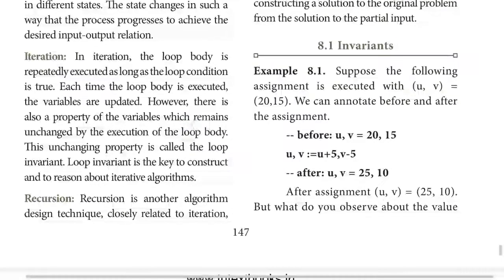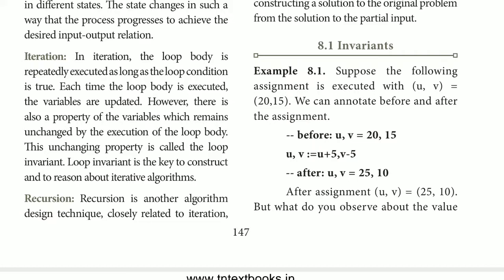So you have to find the difference between these two things. Iteration means a particular part of the program will be executed again and again until the condition gets false. Recursion means a particular part of the program will call itself for execution.